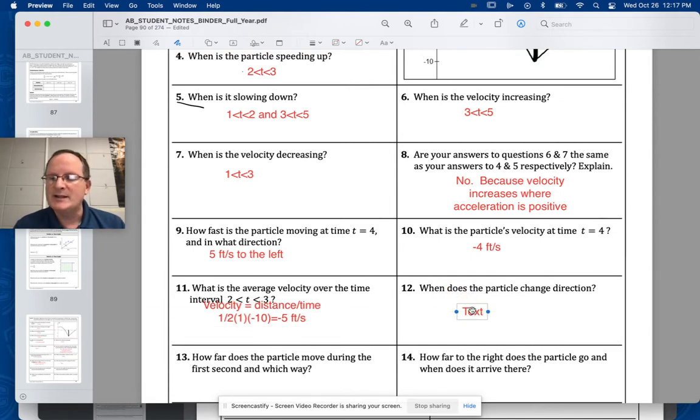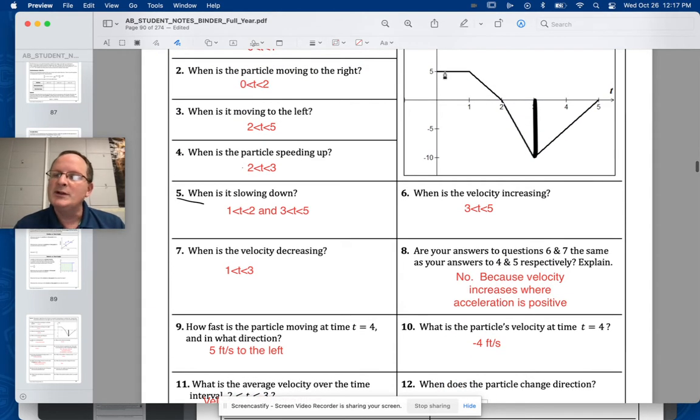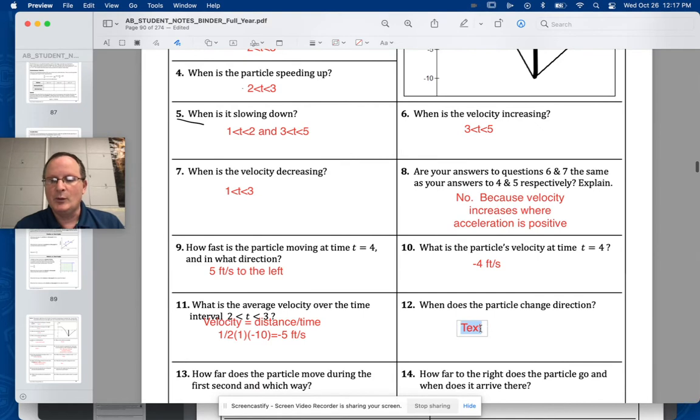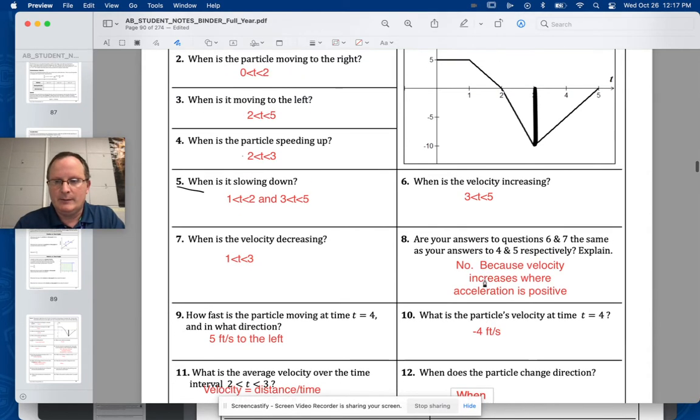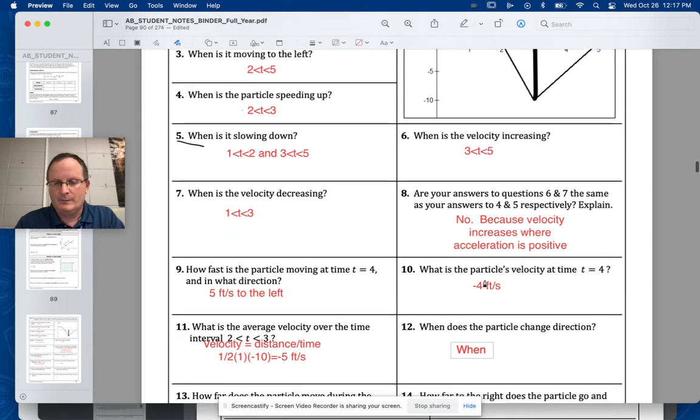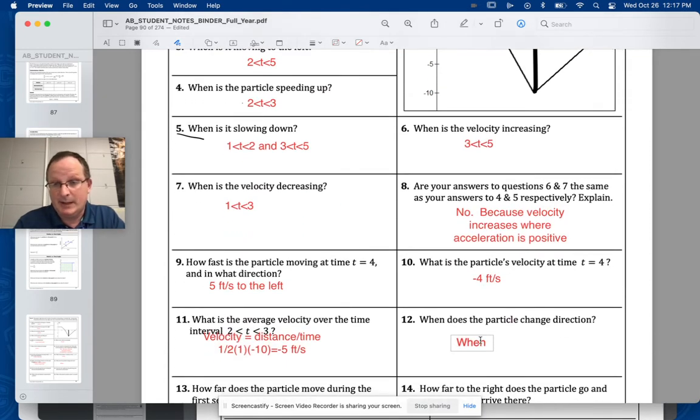Next, when does the particle change direction? Well, it was going to the right, and then right here it stopped, turned around, and went to the left the rest of the time. So when it's at an x-intercept, which in this case, it had to cross through.